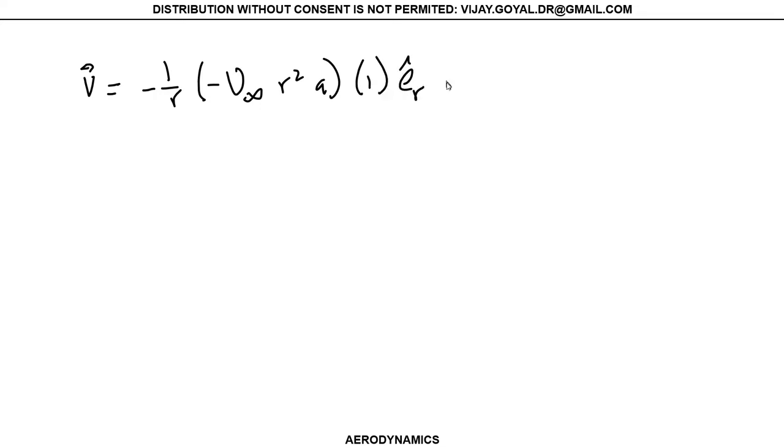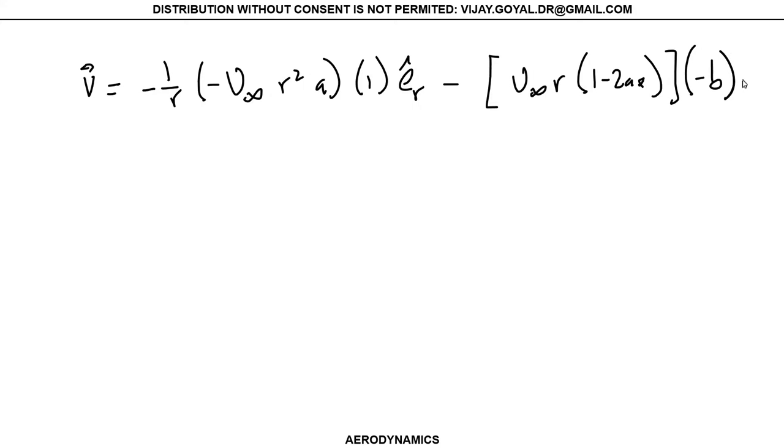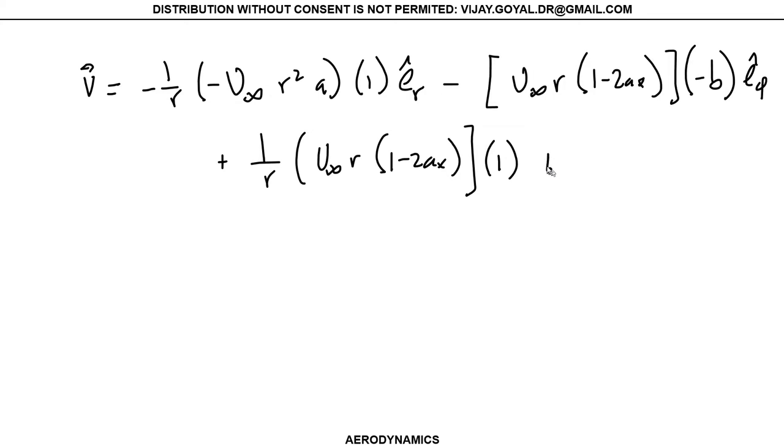And do a little bit of mathematics, and you can show that your v is actually equal to minus 1 over r minus u infinite r square a times 1 er minus u infinite r 1 minus 2ax times 1 minus b e phi plus 1 over r u infinite r 1 minus 2ax times 1 ei.